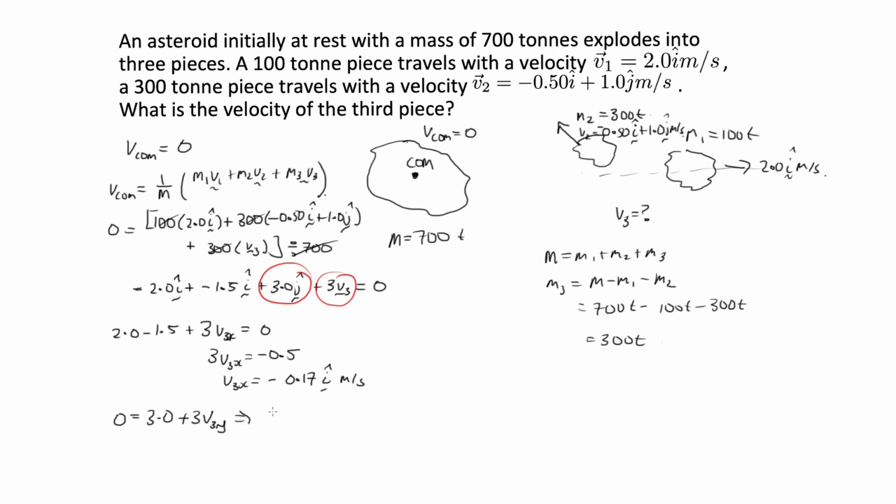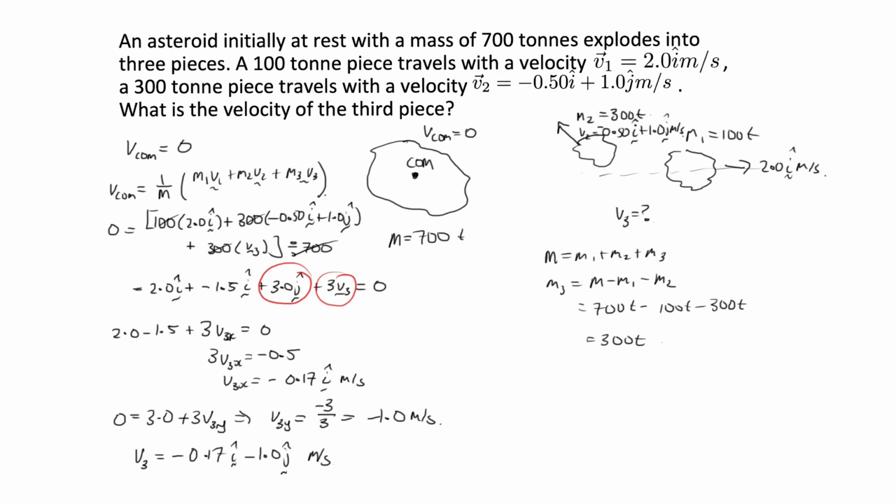So v3y is equal to minus 3 over 3, which is equal to minus 1 meter per second. So the velocity of my third chunk of asteroid is going to be equal to minus 0.17i minus 1.0j meters per second.